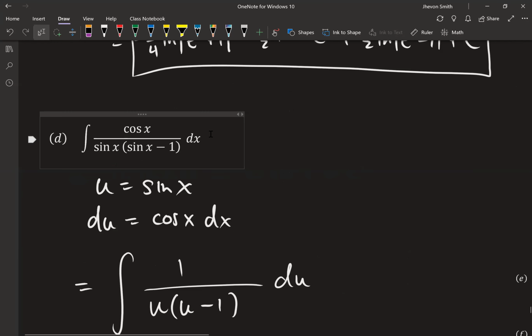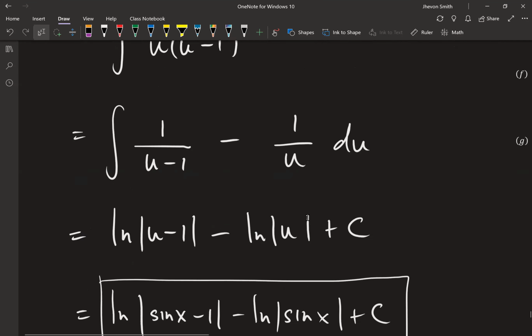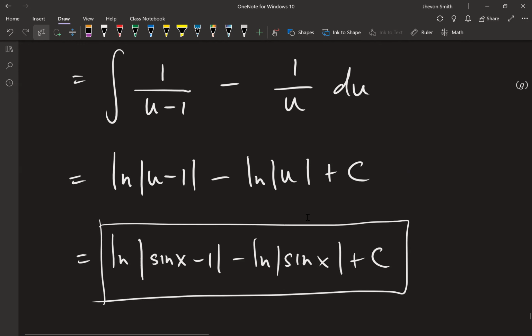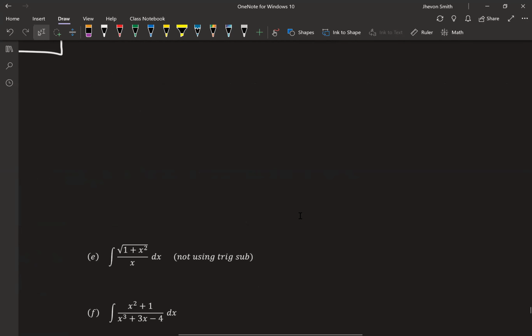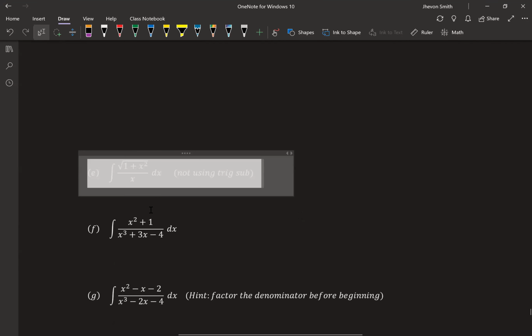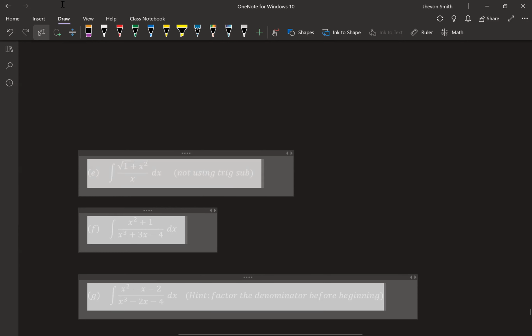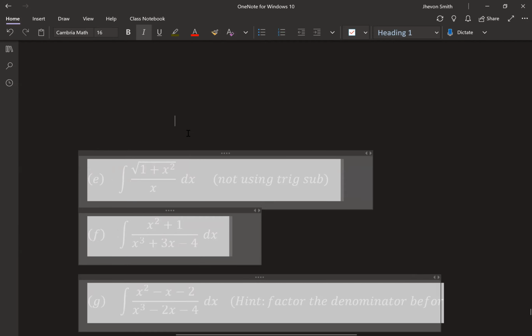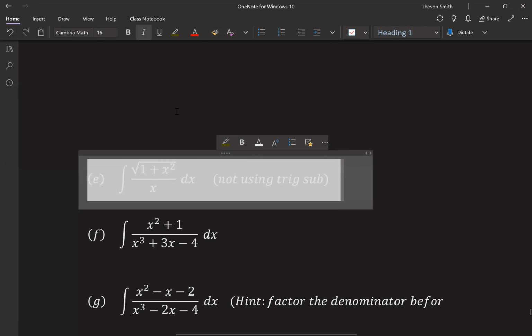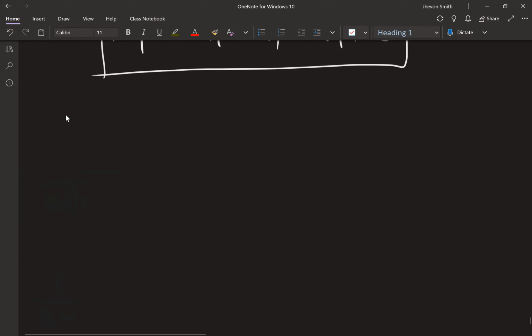So that is the integral of this guy. So hopefully that was fine. Hopefully that wasn't too bad. Let's actually look at the other ones. These are a little bigger. And then let's move this guy over.